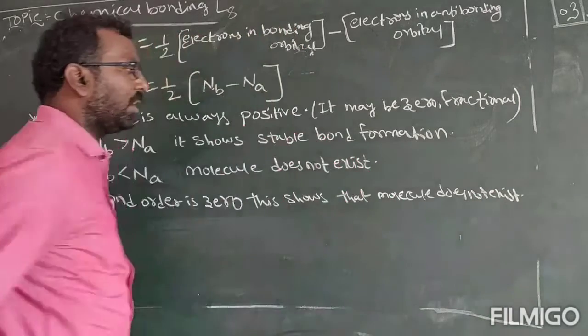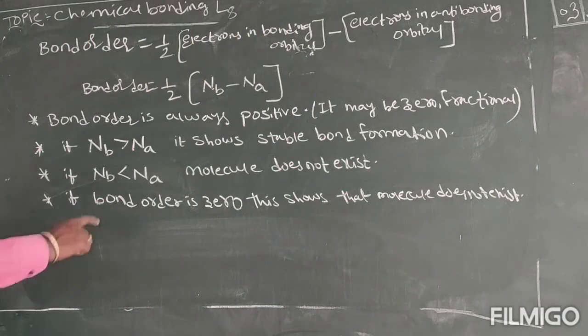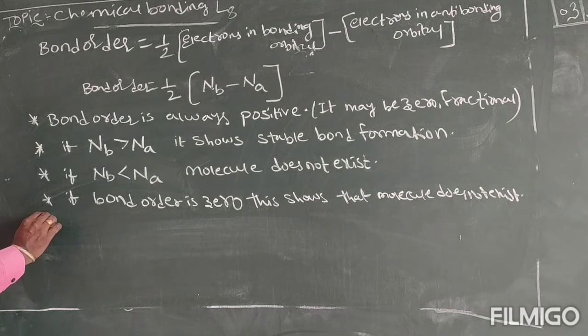Molecule does not exist if Nb is less than Na, and also if bond order is zero, then the molecule does not exist.